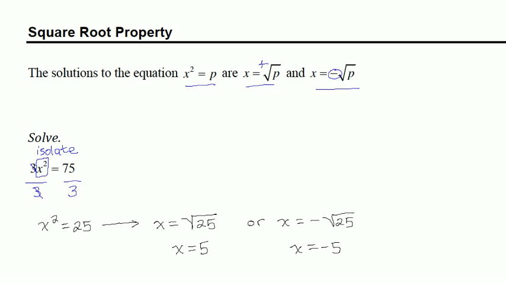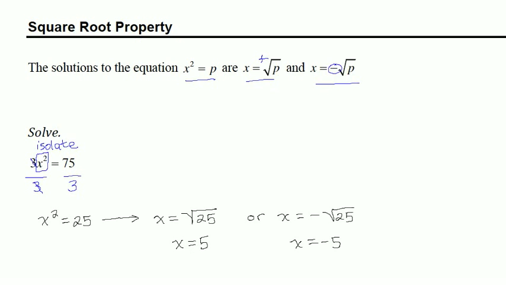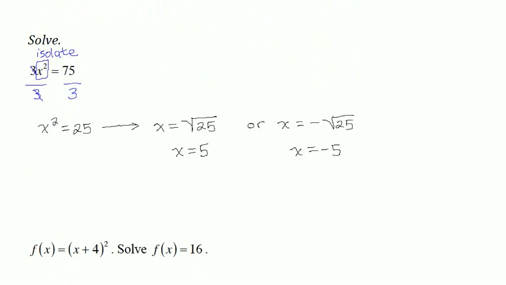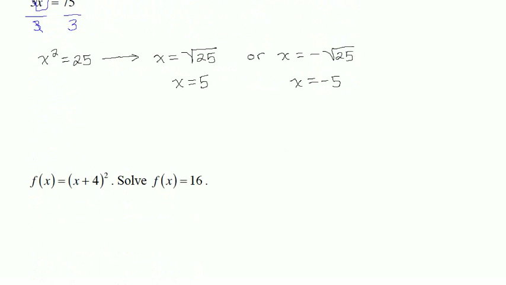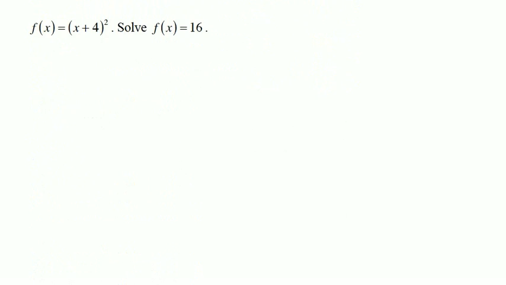We can also adapt this property to somewhat more sophisticated equations. As long as it's in the form of a squared expression equal to a number, it can be something other than simply x. If we take, for example, the equation that we would get by solving this function problem here.